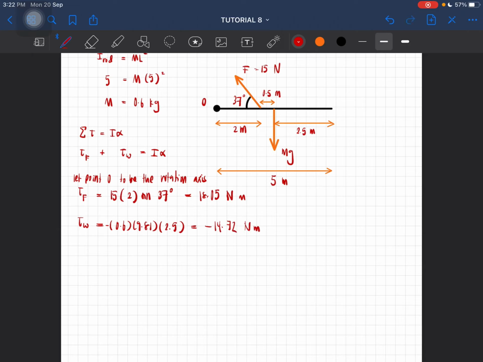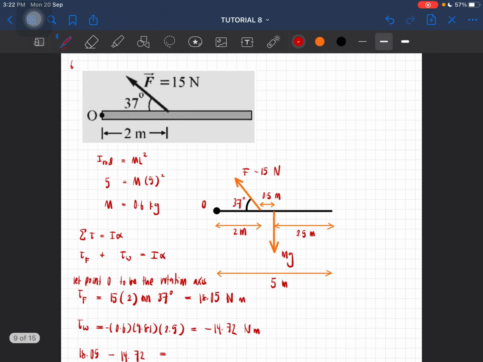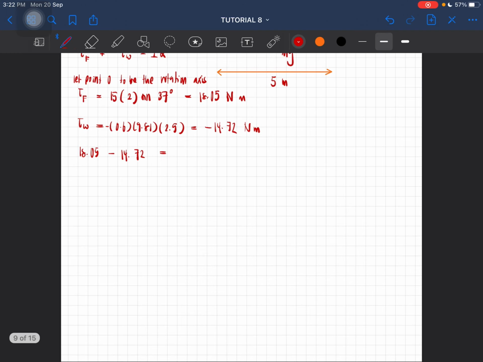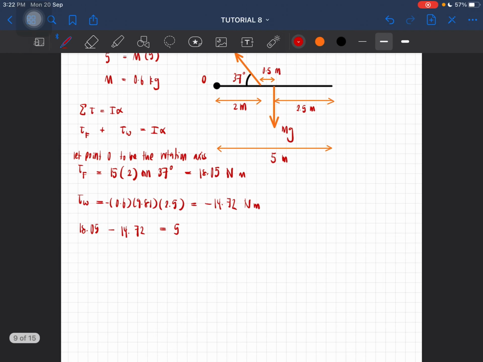Then substitute into the equation above: 18.05 minus 14.72 equals I alpha, where I is given as 5 kg·m². So 5 alpha equals 18.05 minus 14.72.